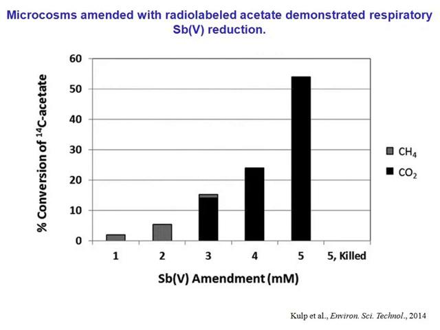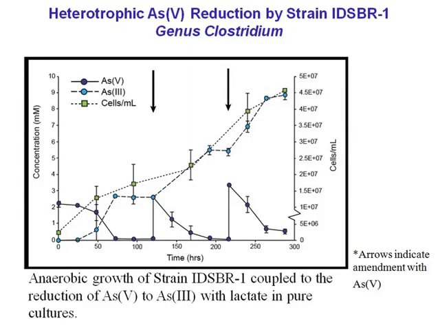Around the same time that we published this, Tim Hollibaugh's group at University of Georgia actually isolated an organism that grows this way, and so his paper showing an actual growth of an isolate respiring antimony 5 to antimony 3 appears in the same issue of ES&T. So rather than show you Tim's data for that paper, I thought I'd just show you a little bit of new data from an organism that we isolated from these stibnite mine sediments in my lab.